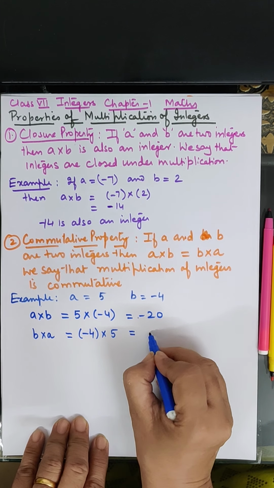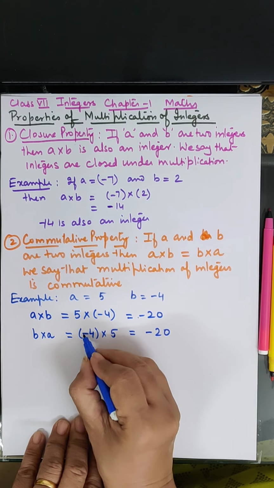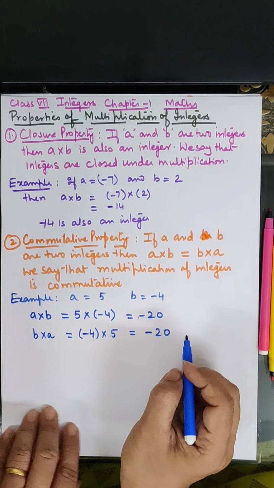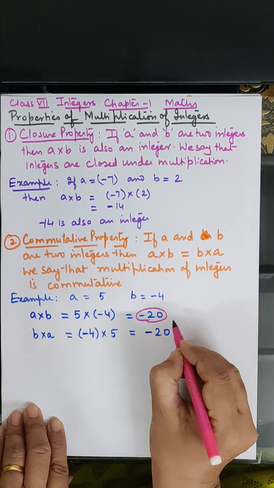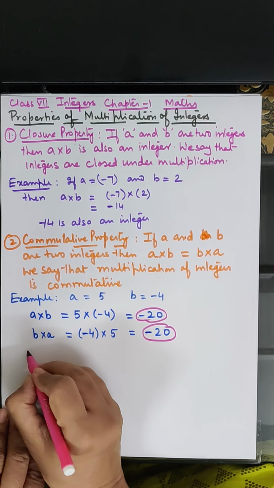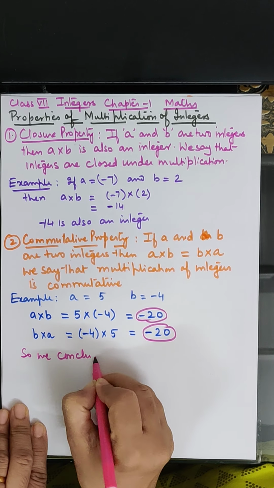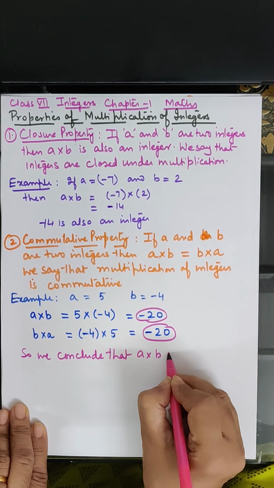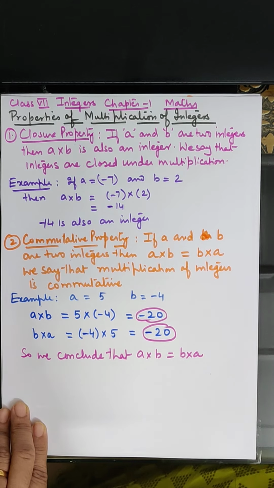This is again what? -20. We take the product of the numbers and then we put the minus sign when we have one negative integer and one positive integer. So what do we observe here? Here also the product is -20 and here also the product is -20. So we conclude that A into B is equal to B into A. All right.